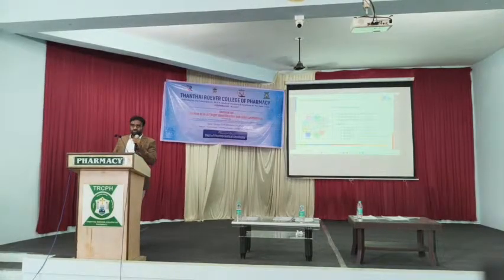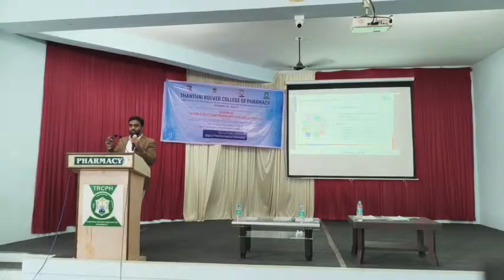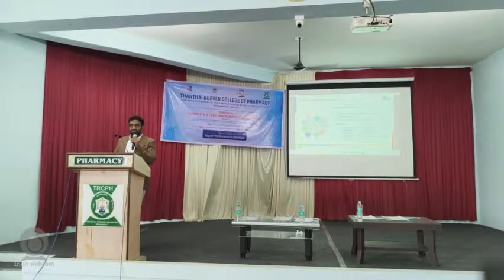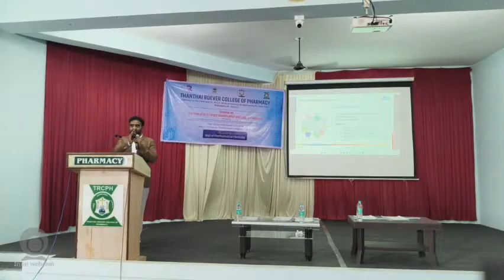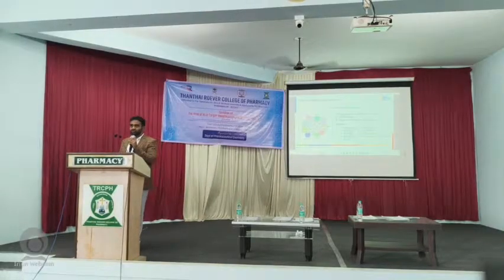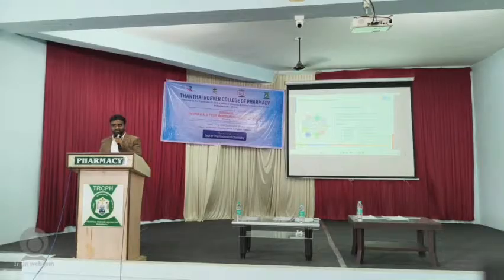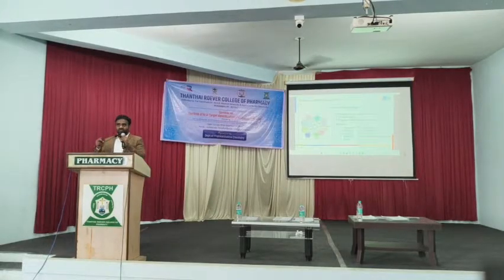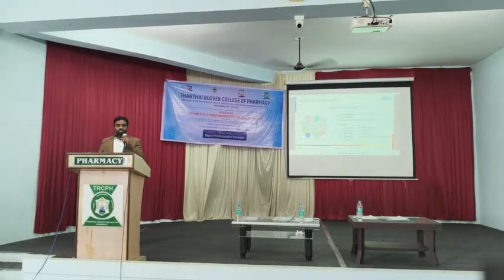Okay, so I told you how to select a target, right? In a drug discovery process, we need to have a disease in mind and a proper target. Target identification is very important in drug discovery. To identify a proper target we can use network pharmacology.